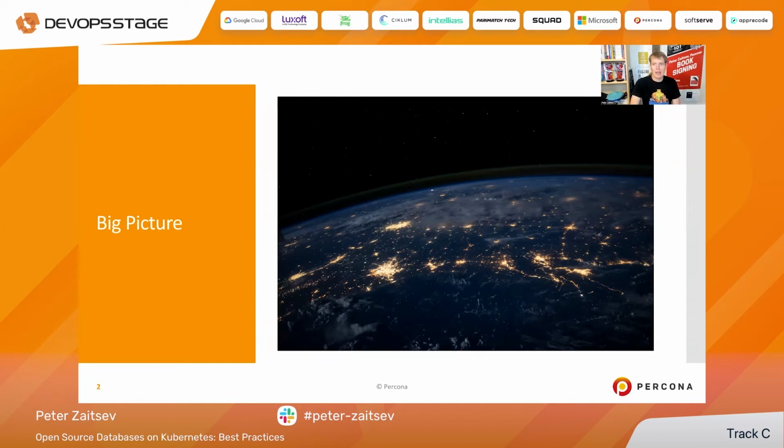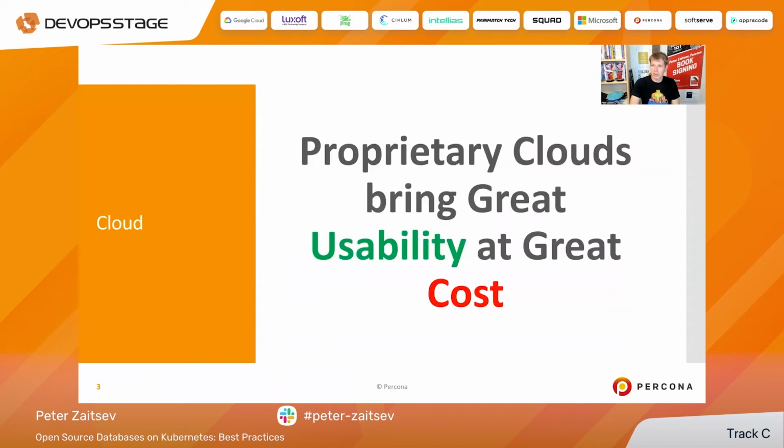Well, there is a lot of migration going on to the cloud, and especially proprietary cloud, where there is a lot of focus on using some very specific proprietary features those clouds offer, which indeed bring great usability, but also at a great cost, because you become really tied to that cloud, and it makes it very hard to move to some other solution if you need to or choose to for any reason.